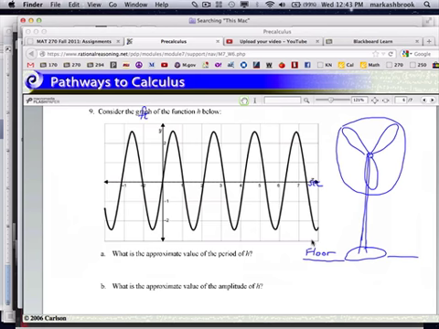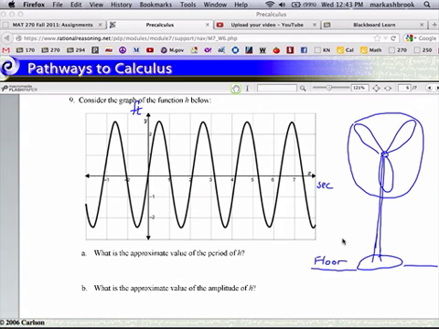Okay, so the question was, what quantity relative to the fan? We know seconds, obviously time's going by, so this feet quantity. What quantity of feet might the graph be modeling about this fan?